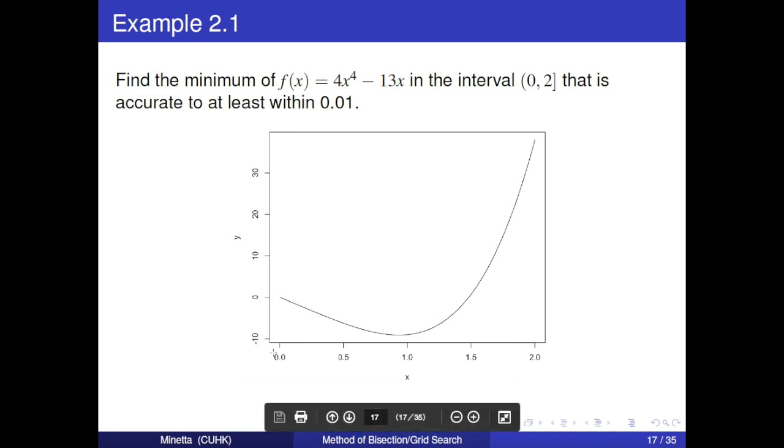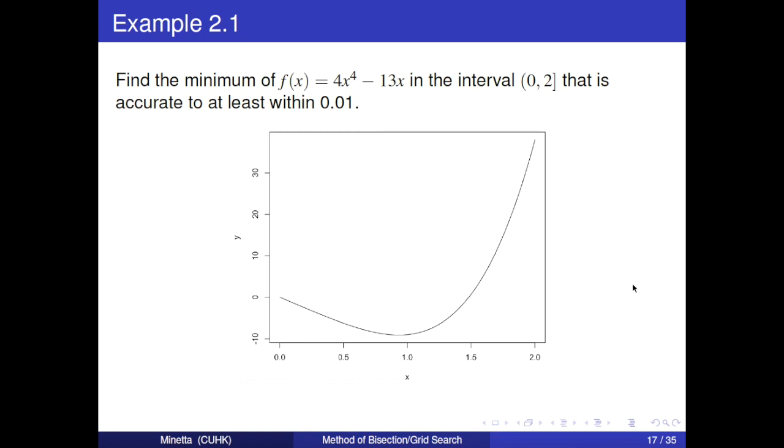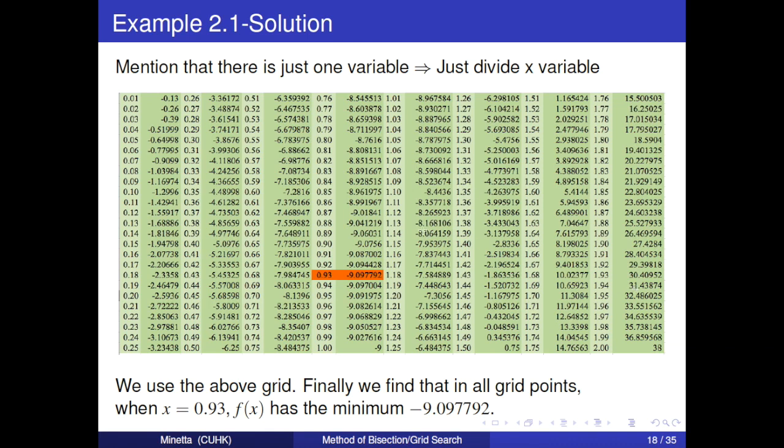We can see that starting from 0, f(x) is decreasing to its minimum, then increases to its maximum. As the picture shows, and combined with accuracy and tolerance, we divide the function domain into 201 subintervals.